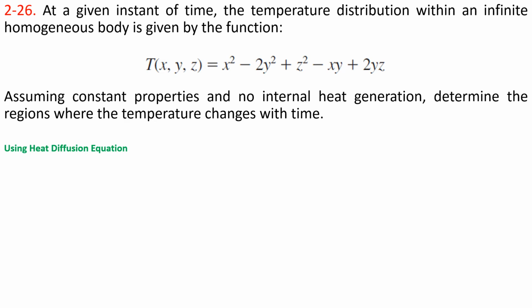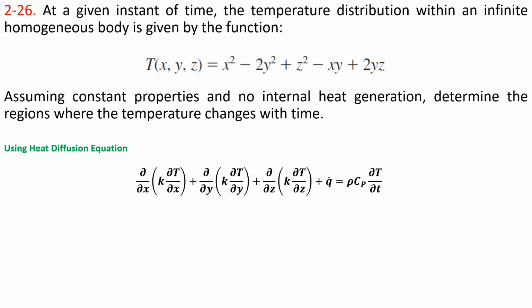We are going to use the heat diffusion equation in the rectangular component system, or simply the xyz system, and we have discussed the heat diffusion equation in the rectangular component system in our lecture number 3. It is ∂/∂x (k ∂T/∂x) plus ∂/∂y (k ∂T/∂y) plus ∂/∂z (k ∂T/∂z) plus q dot is equal to rho cp ∂T/∂t.